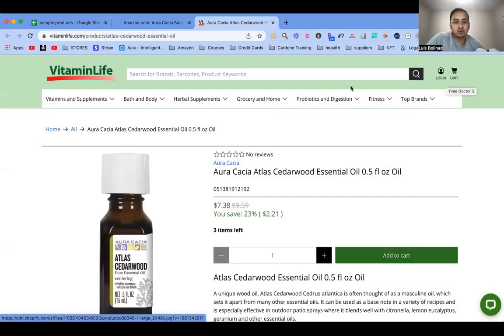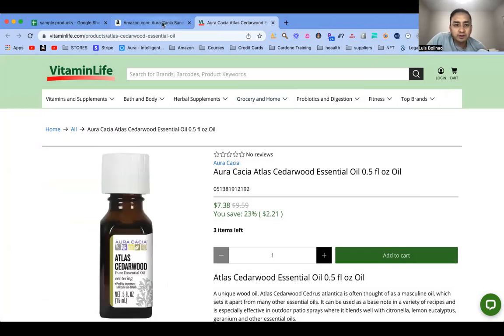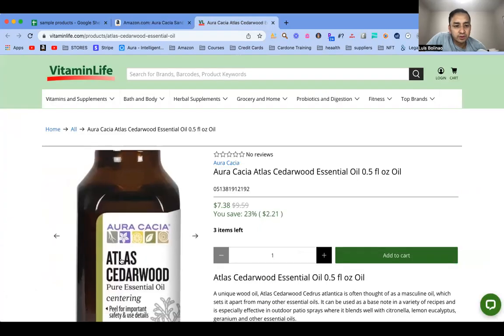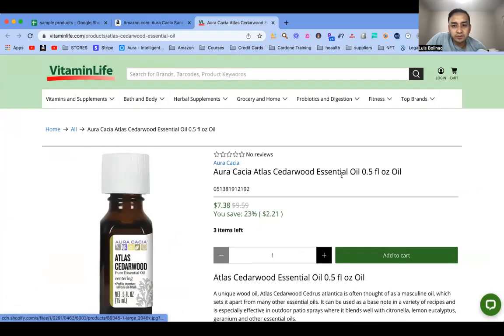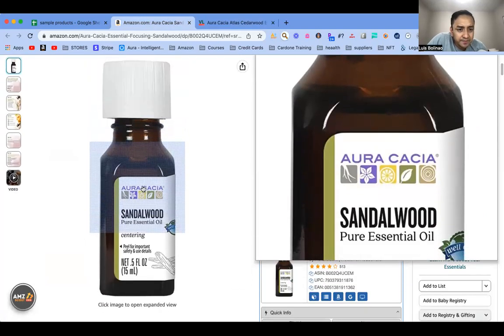What is this? Aura Acacia, cedarwood, essential oil. All right. So Aura Acacia, sandalwood, essential oil, 0.5 fluid ounce. They're the same, right?